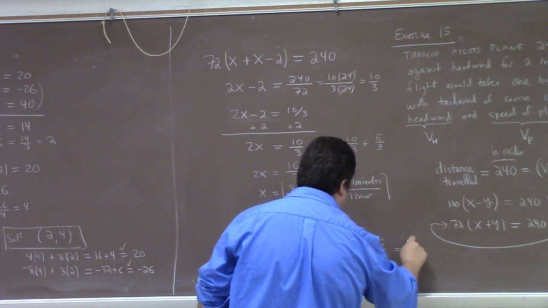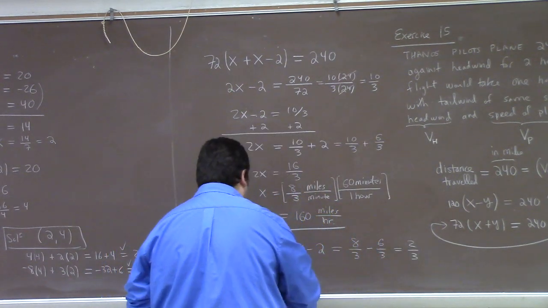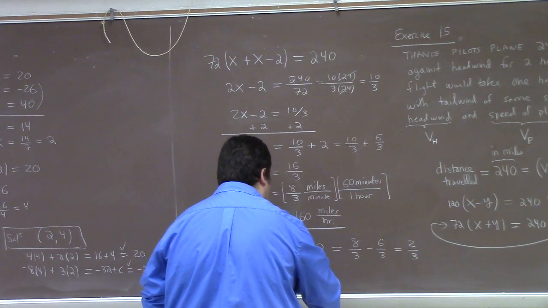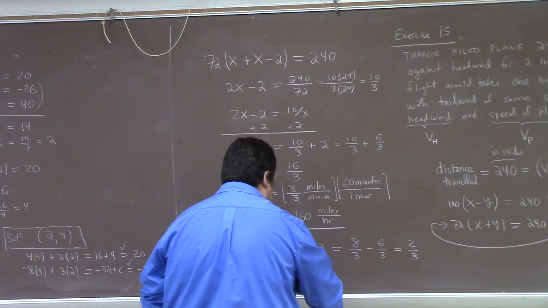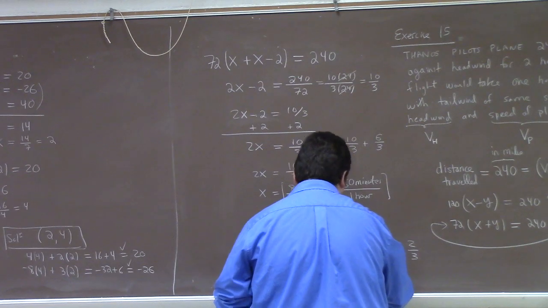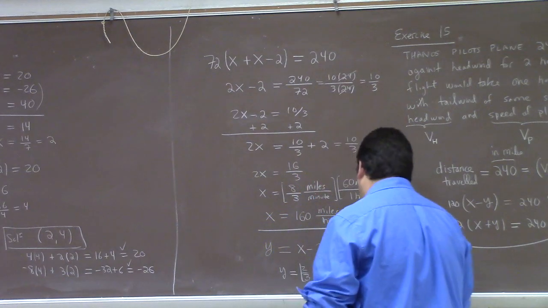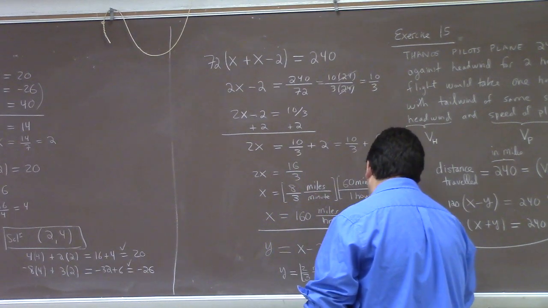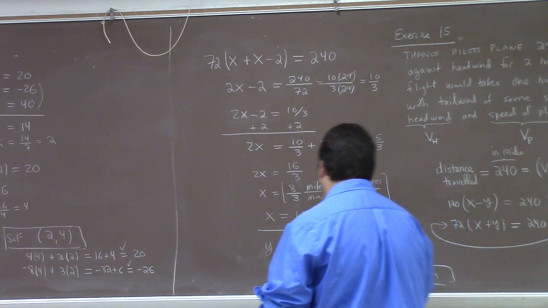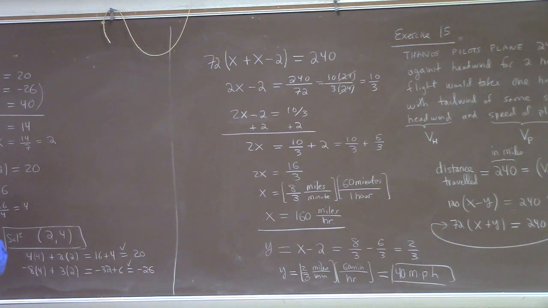So you should get 2/3 for y. So y is 2/3 miles per minute, which if we multiply by 60 minutes in 1 hour, we get 40 miles per hour. So I think the answer to the original question is the speed.